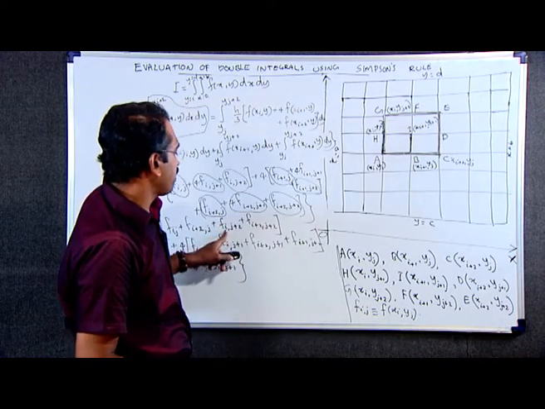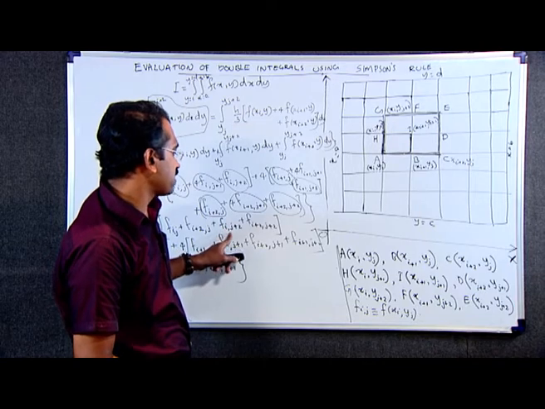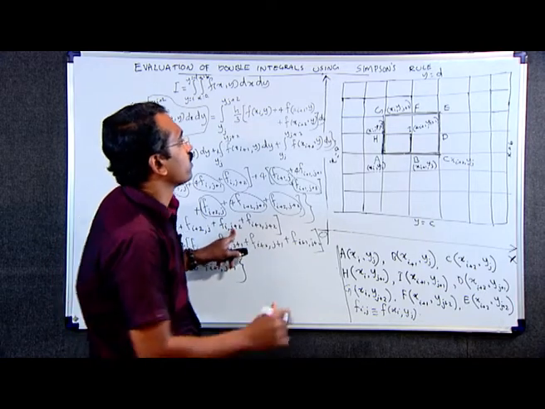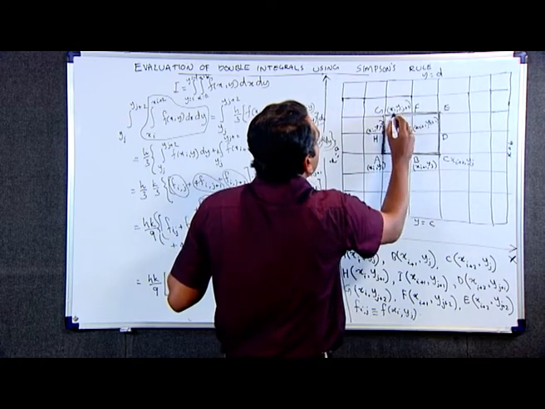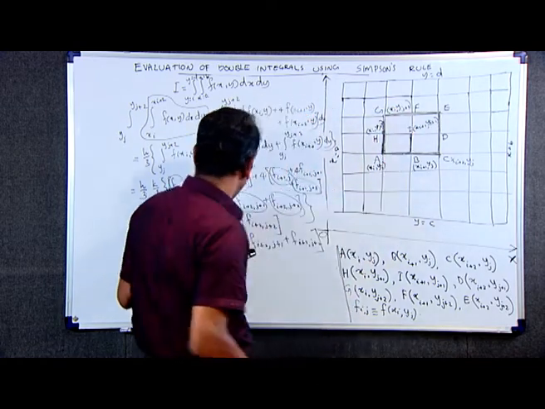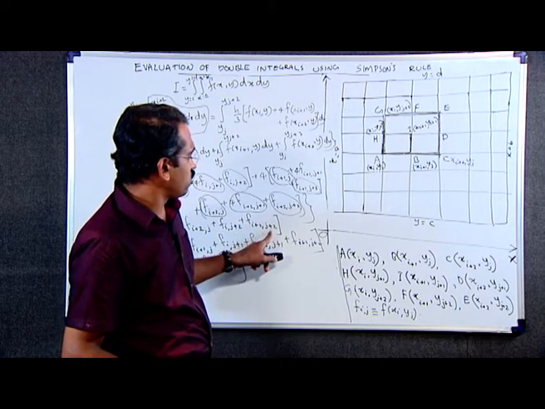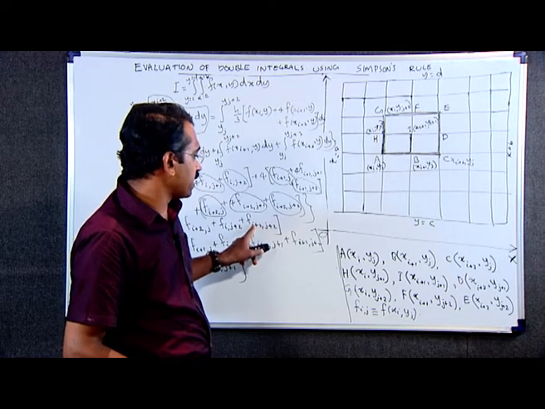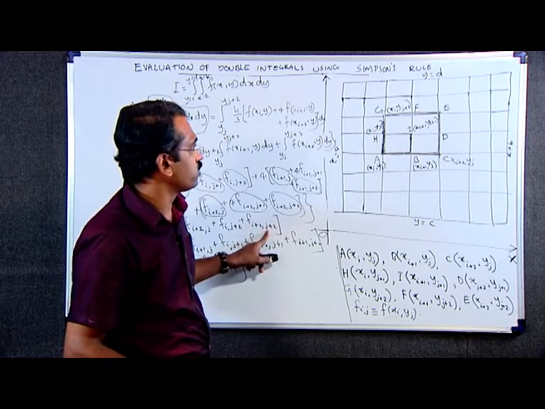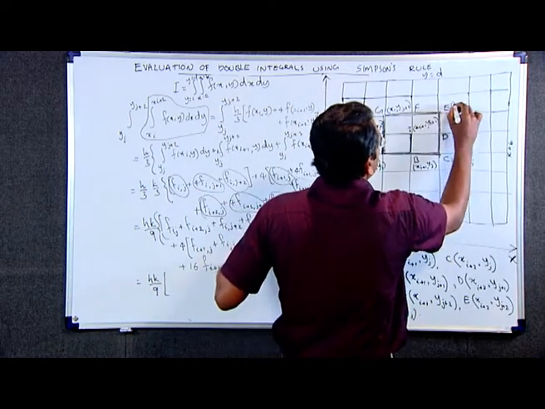f_{i,j+2} means the value of the function at the point x_i, y_{j+2}. f_{i+2,j+2} means the value of the function f of x, y at the point x_{i+2}, y_{j+2}, this is the point.